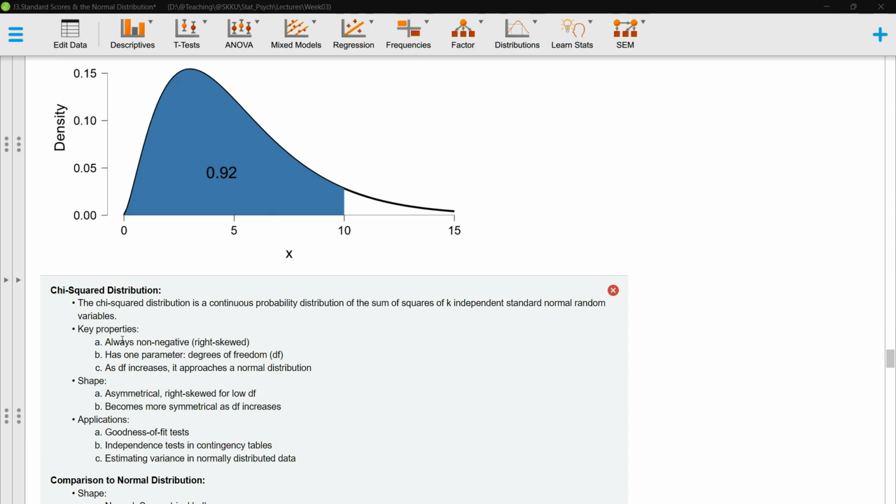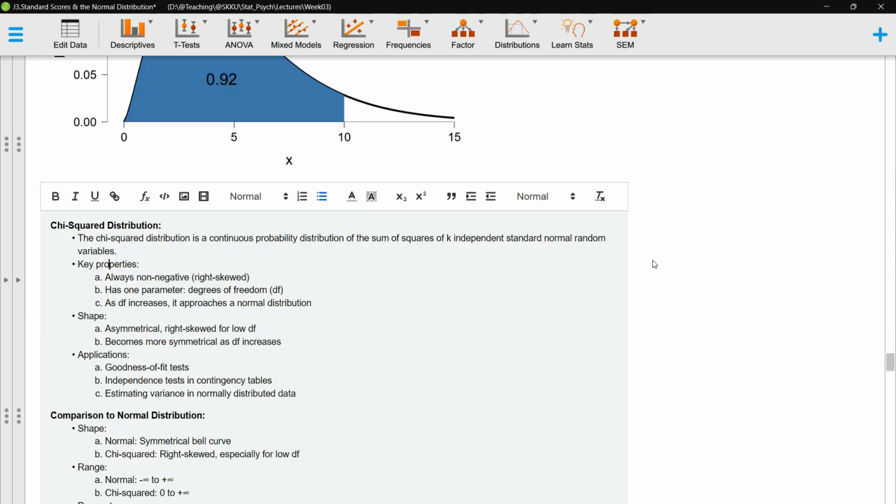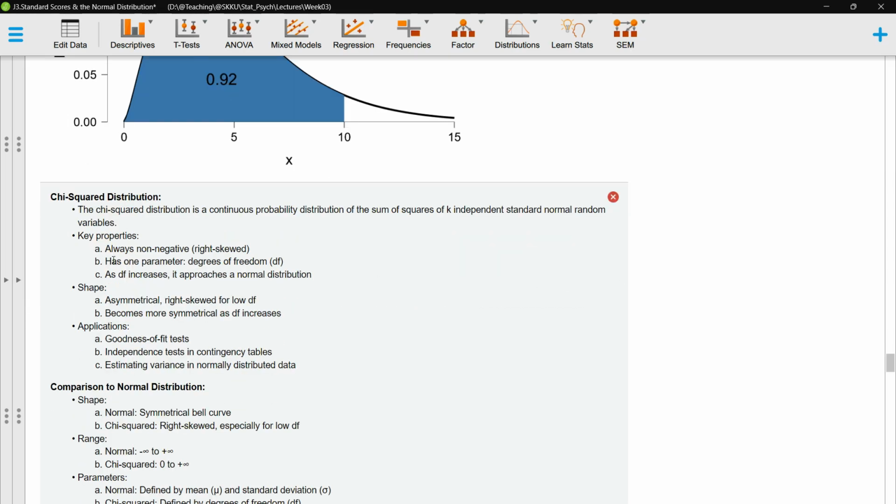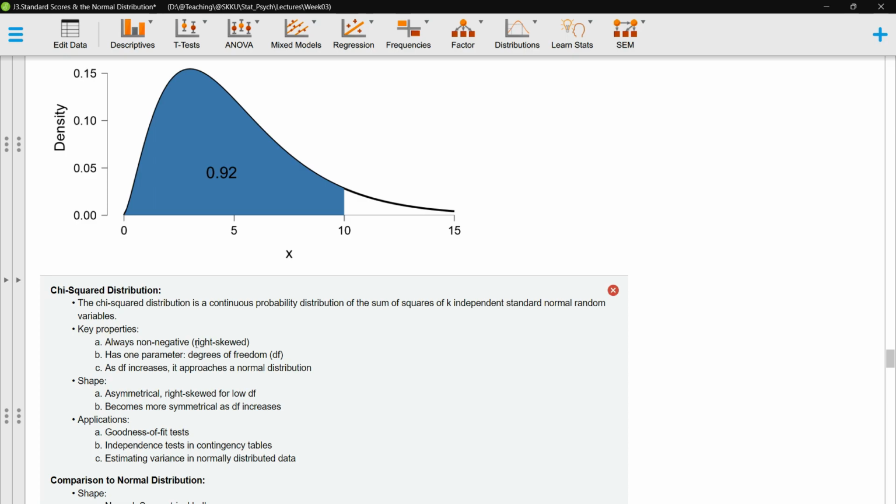The key property of the chi-square distribution is that it is always a non-negative number. So sometimes it has zero value, but there are no negative values in the chi-square distribution. Because of this, the distribution always has a right skewed shape. And the chi-square distribution has one parameter, the degrees of freedom.